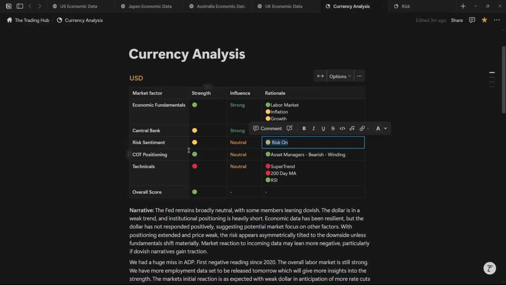And then currencies react differently to risk sentiment. So as it relates to the dollar, there isn't really a set pattern as to how the dollar reacts to risk, but whenever there's extreme risk off, that's when the dollar tends to react in a somewhat linear fashion to risk. So whenever there's extreme risk off, the dollar tends to gain strength on safe haven status.